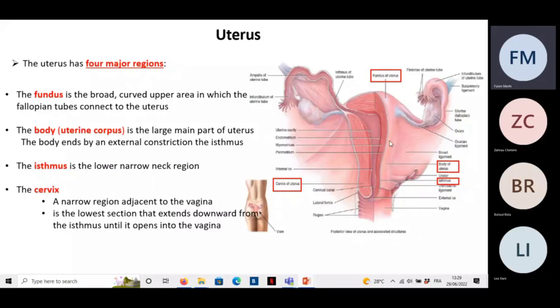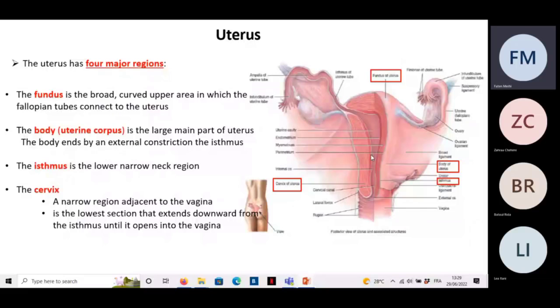This larger part here is followed by the isthmus, the lower narrow neck region. And then we have the cervix, which is a narrow region adjacent to the vagina. The lower region of the uterus is the cervix, and the cervix directly opens in the vagina.